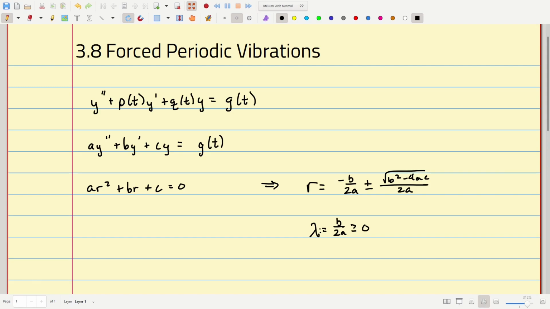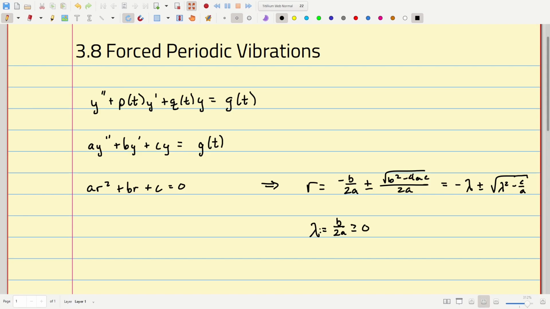And if we do that, then this expression above becomes negative lambda plus or minus the square root of lambda squared minus c over a. We accomplish this by pulling the 2a inside the square root. The 2 becomes a 4 in that instance. We get an a squared in the denominator, and it all simplifies to this.